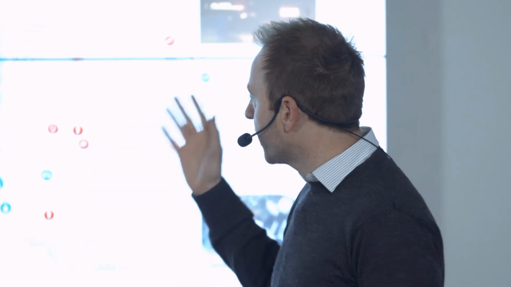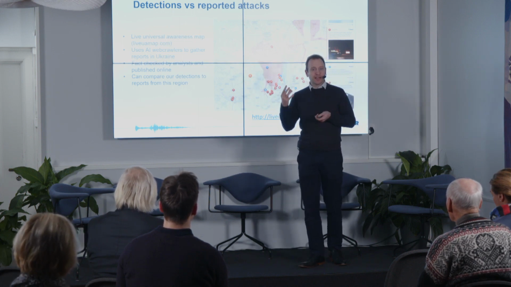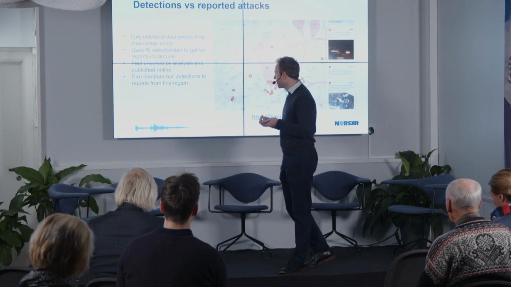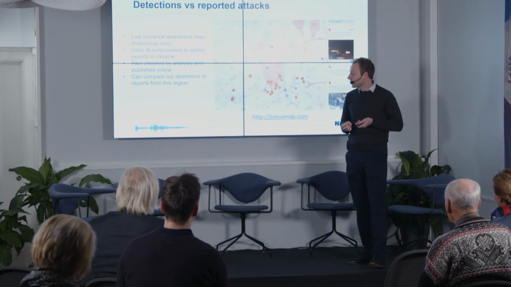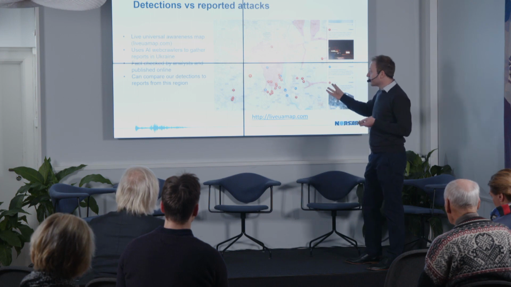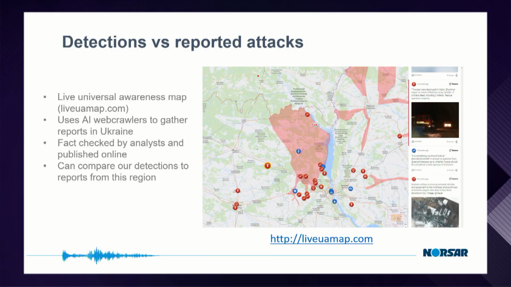Thankfully there are resources such as the Live Universal Awareness Map, which essentially goes through the web and gathers information using artificial intelligence. This information is collected together about activity that's happened in Ukraine. It's then fact-checked by analysts and is published online. And we can compare these reports to our detections.